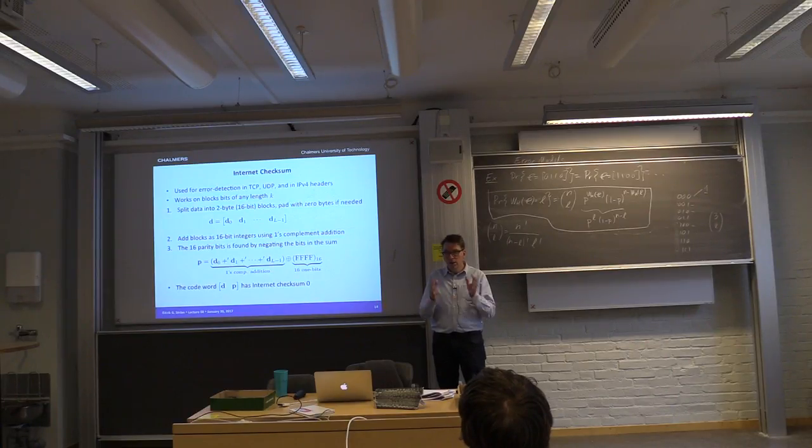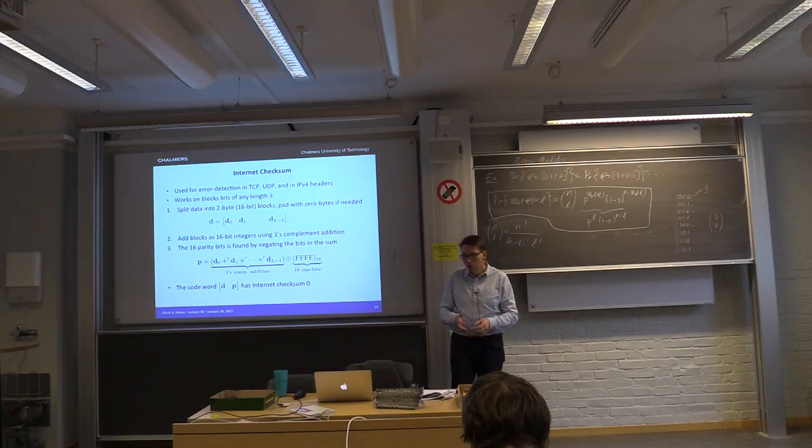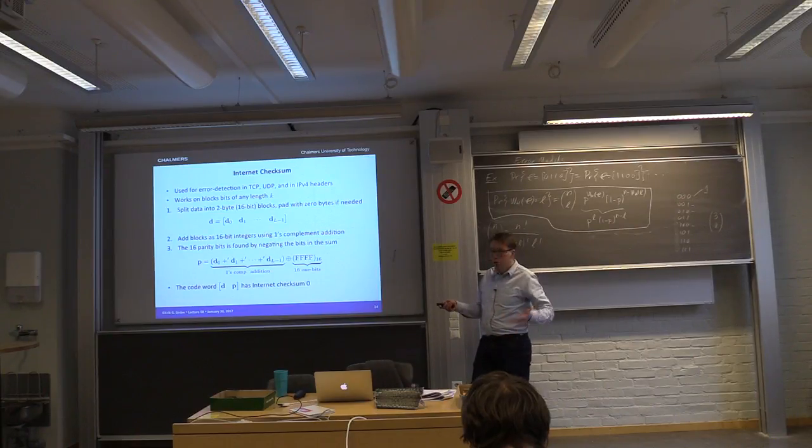The computers one had in those days were not very powerful, right? So one really wanted to find a good balance of complexity, but still a little bit better than single parity check codes. So then one started to do something which is now called a checksum, or the internet checksum.